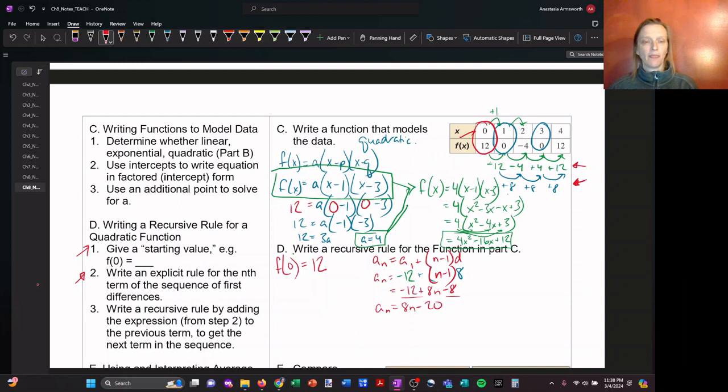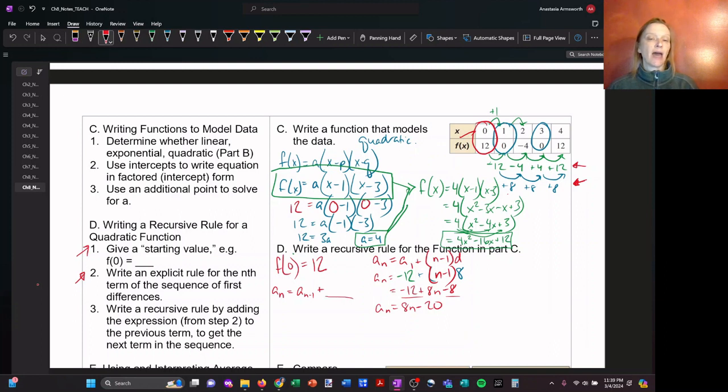Now I'm going to add the expression that I just wrote down from step 2 to the previous term to get the next term in the sequence. So recursive rules work this way. You get the next term in the sequence by taking the previous term and adding something to it.